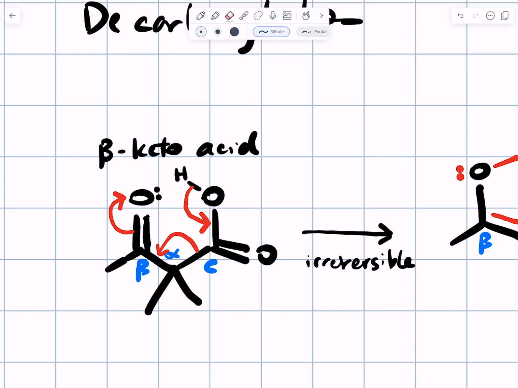In your text, I still like that and will probably continue to leave it that way in my notes, but it's pretty equivalent in your text to do this. So just have the pi bond between the carbon and the oxygen breaking and have that do the deprotonating instead of the lone pair on the oxygen.